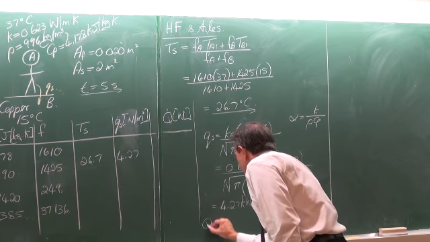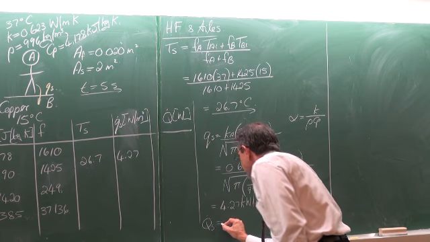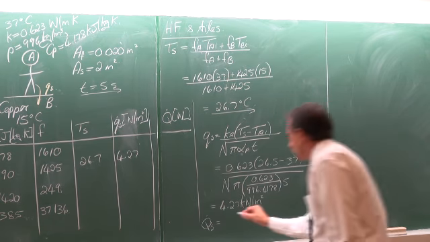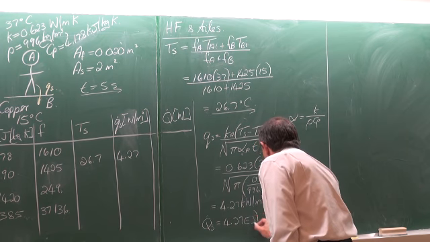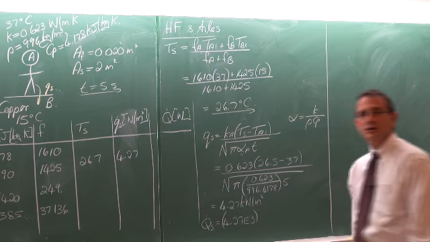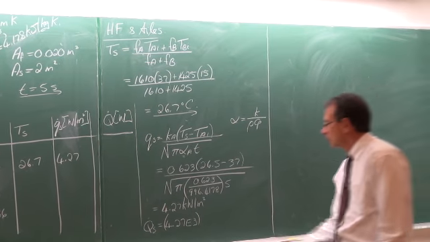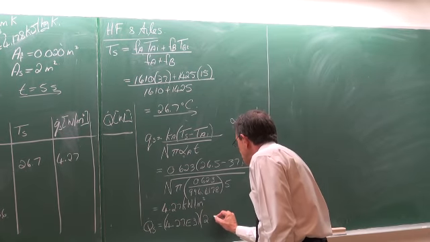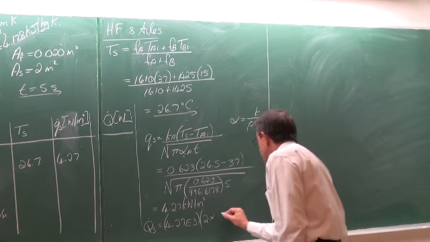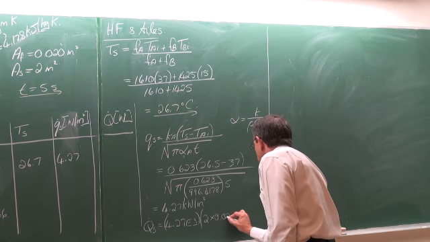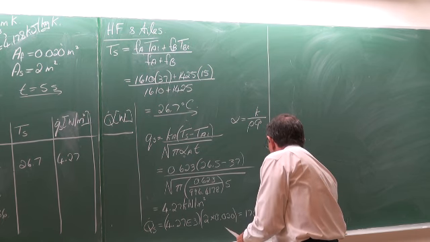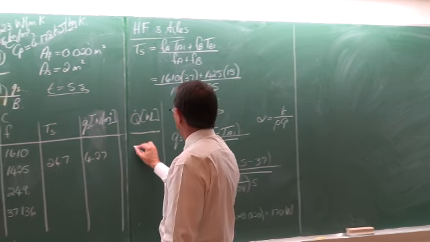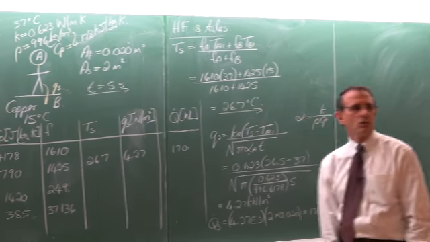And if we now calculate the total heat transfer rate, it would be equal to the heat flux, 4.27 e to the 3, multiplied by the surface area, which for your 2 feet is 2 multiplied by 0.020, and that would be equal to 170 watts.